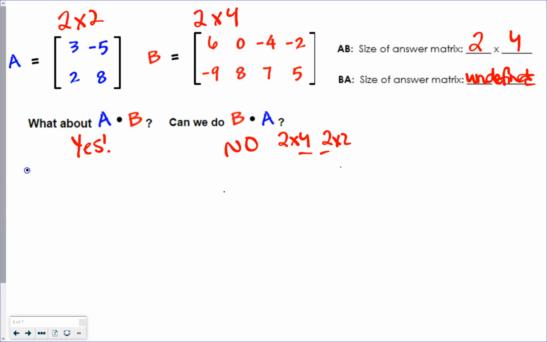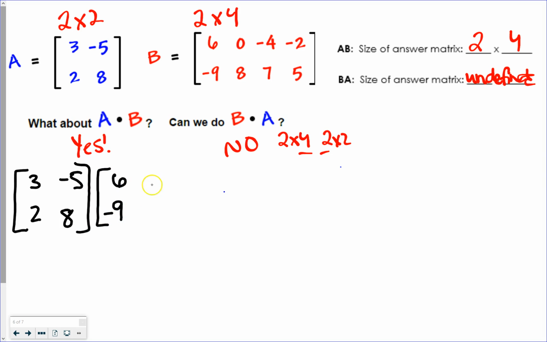So, my A is 3, 2, -5, and 8. That will get multiplied. Okay, here we go.